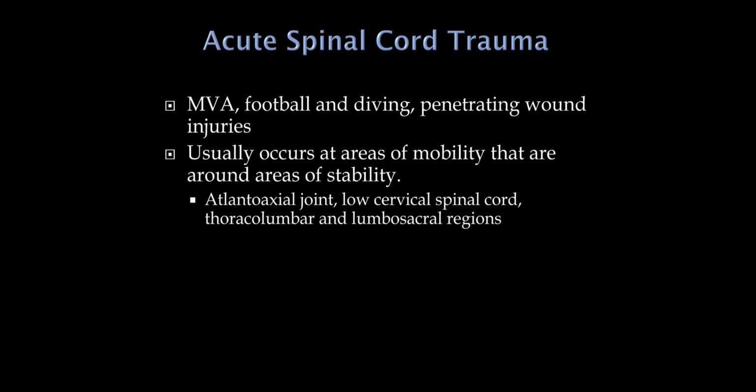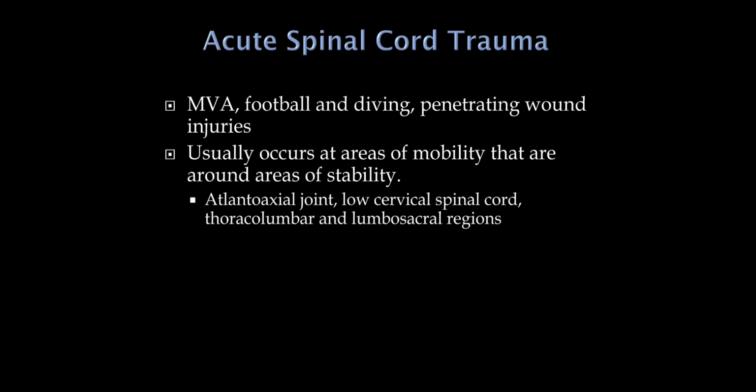Now, acute spinal cord trauma can cause kind of a shearing effect in the cord and can just acutely disrupt these motor and sensory pathways. So this often relates to motor vehicle, motorcycle accidents, or some sort of a sports injury, football, diving, or other trauma like a stab wound, gunshot wound that affects the spinal cord.